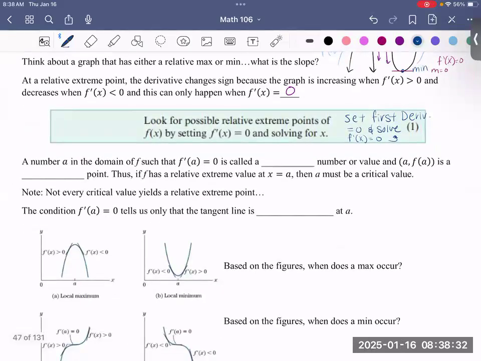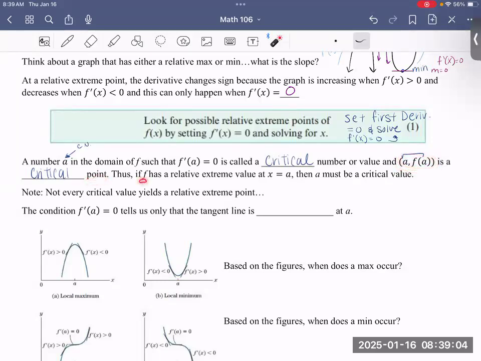It says a number a in the domain of f such that your first derivative at that point a is equal to 0 is called a critical number. So this value a is your critical number, which we'll label as Cn. However, when we have the full point a and f of a, this is called a critical point, because you now actually have a full coordinate.